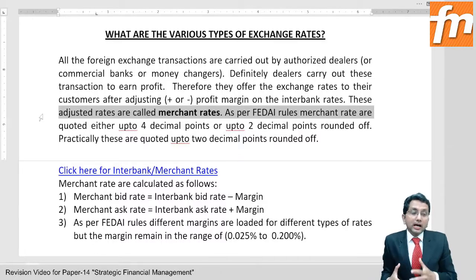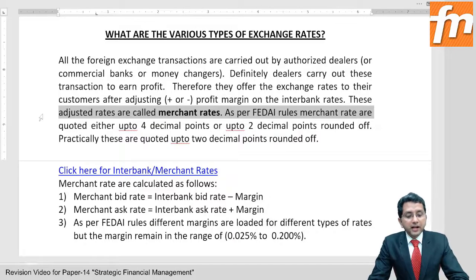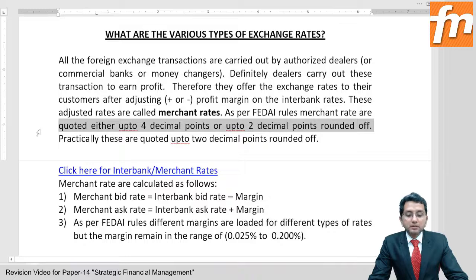When I talk about the arithmetic of exchange rate, what to multiply, what to divide, how many decimal points should be taken, all those things are not given in the Foreign Exchange Management Act, but the whole arithmetic of the exchange rate is as per FEDAI rules. As per FEDAI rules, merchant rates are quoted either up to 4 decimal points or up to 2 decimal points rounded off, while interbank rates are always quoted up to 4 decimal points.